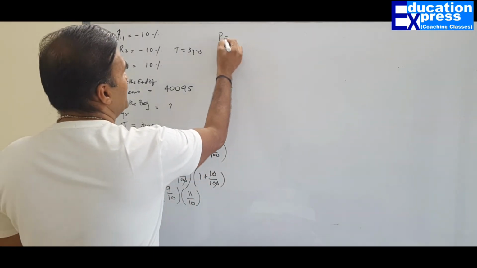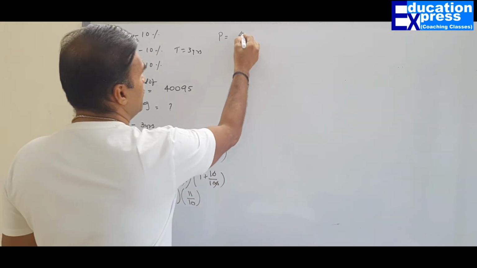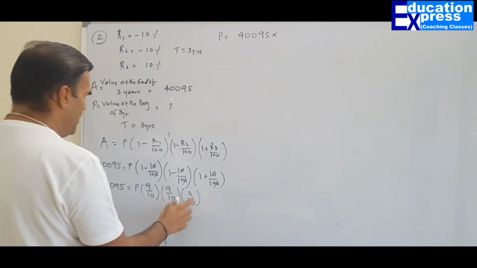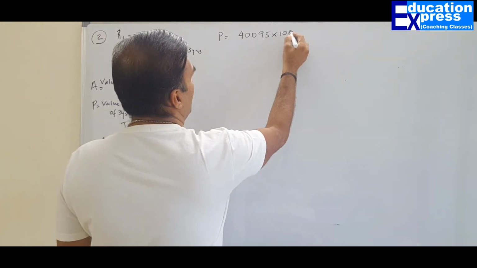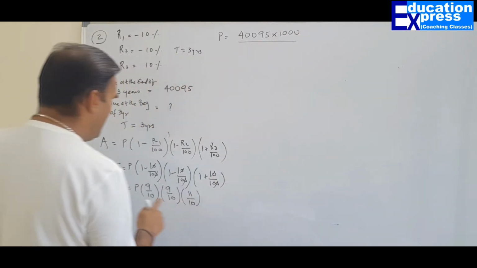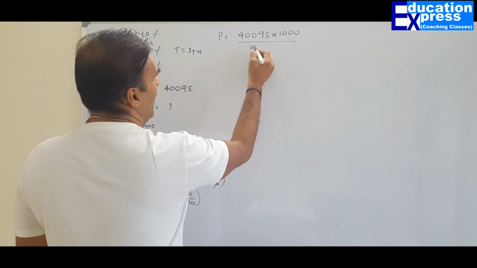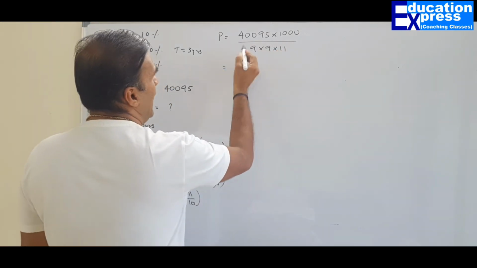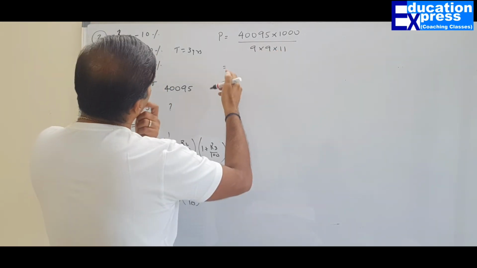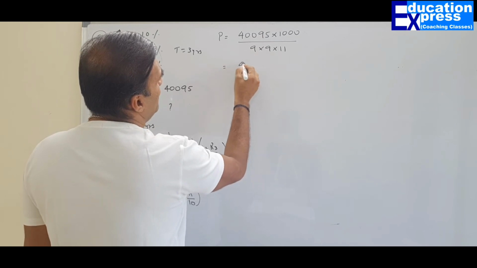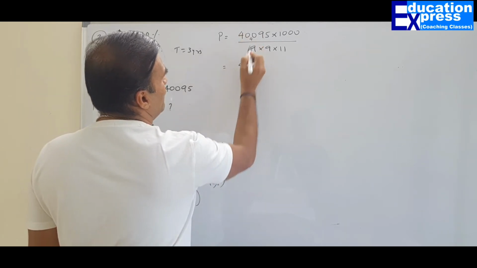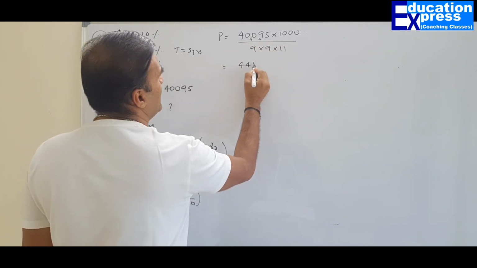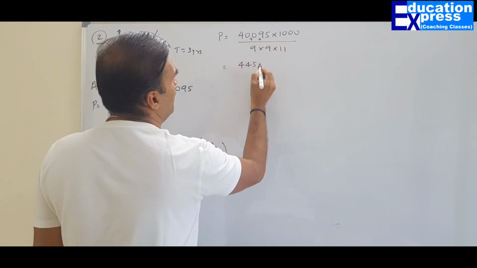So therefore, the principal would be 40095 multiplied by 10 into 10 into 10, that is 1000, divided by 9 into 9 into 9 into 11. Let us divide by 9: 9 4s are 36, again 4, 5s are 45, 5.